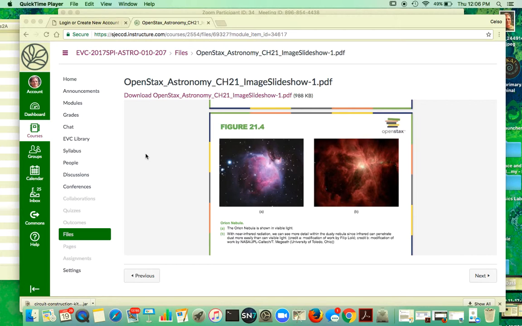And so this contraction and rotation keeps taking place to a point that a bright central star is formed and a circumstellar disk around the equatorial plane of the star is also formed as a result of this initial rotation.